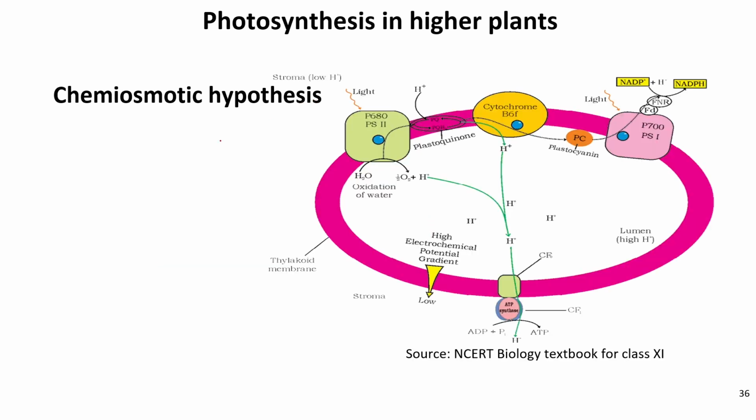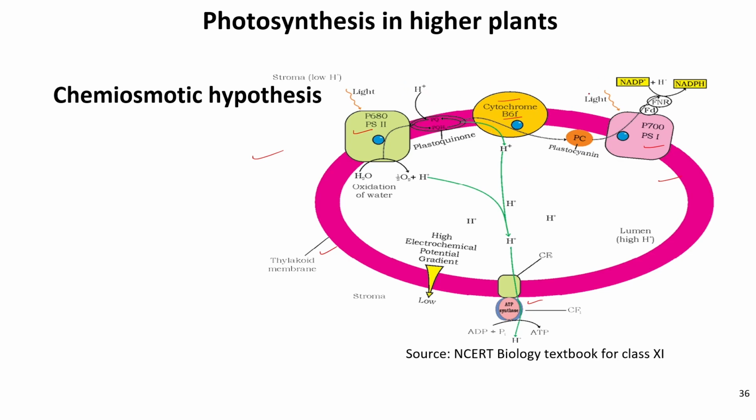Here is the diagram showing the chemiosmotic hypothesis. Photosystem 2 is present in the thylakoid membrane. Photosystem 1 is also present here. Then we have the complex cytochrome b6f, and the fourth complex present is ATP synthase. As the electrons flow through the electron transport chain, a proton gradient is formed.